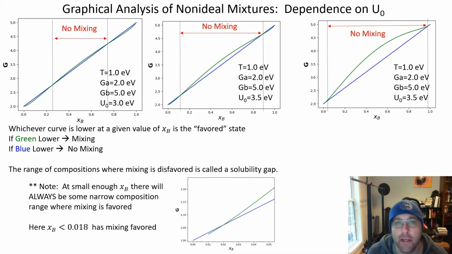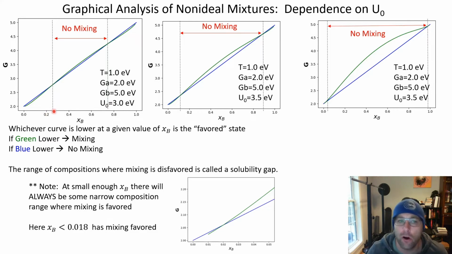So let's look at graphs like this as we start to change the energy scale of the unfavorable interaction, u sub 0. So all of the plots on this slide are showing different values of u sub 0. Right? So on the last one I did 1 electron volt, and in that case we raised up the free energy curve a little bit, but we fundamentally didn't change the question of is there mixing versus not mixing. So when we increase u sub 0 to 3 electron volts, the situation is very, very different, right?